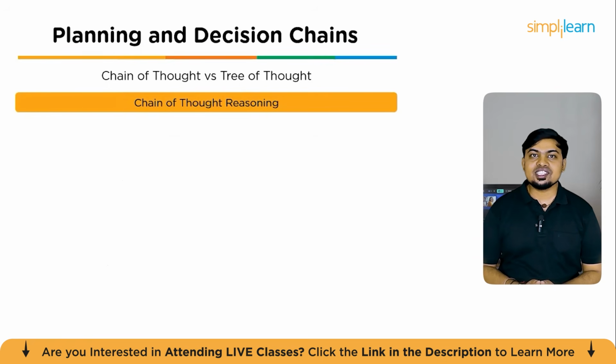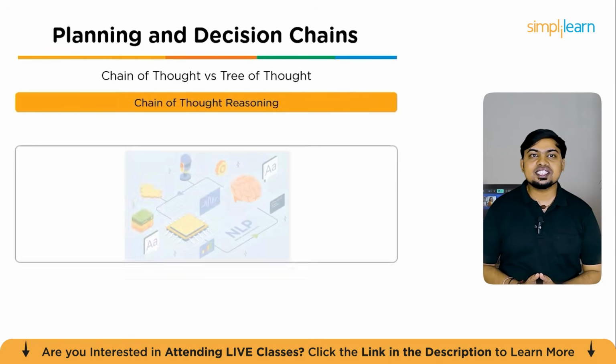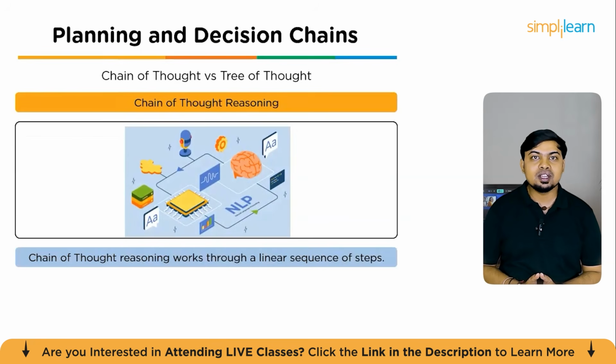Now let's discuss chain of thought versus tree of thought. Let's talk about reasoning strategies, which are critical for planning. Two important approaches you will often hear about are chain of thought and tree of thought. Let's start with chain of thought reasoning. Chain of thought reasoning works through a linear sequence of steps. You can imagine it as moving from step 1 to step 2 to step 3 until reaching the final answer.